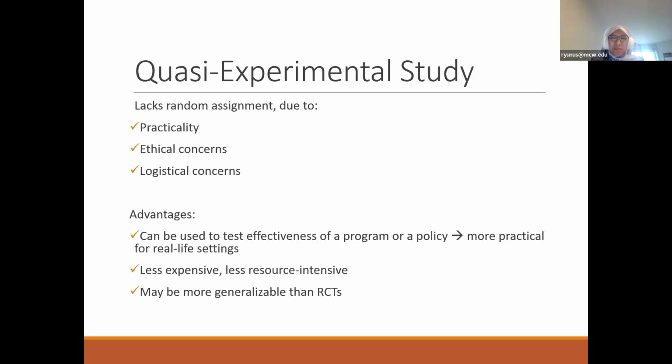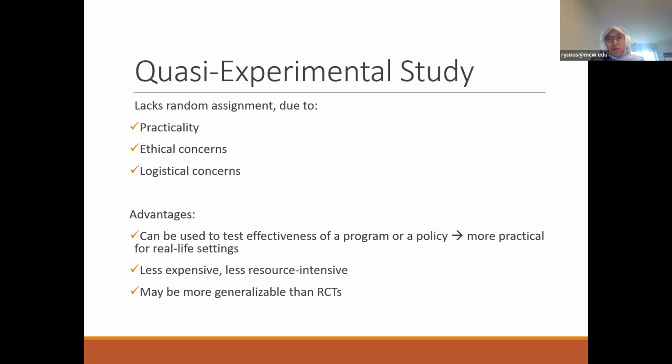So all these questions sometimes come up, and people may say that it's not ethical for you, if you know that someone has that disease, to put him in the control group. If you do an RCT where you do random assignment, there is always a possibility that a person who has that disease may not benefit from the actual intervention, because there is a chance that he will be put in the control group.